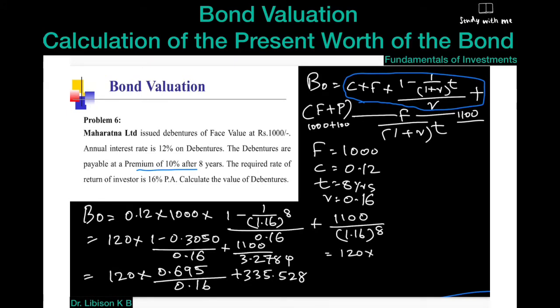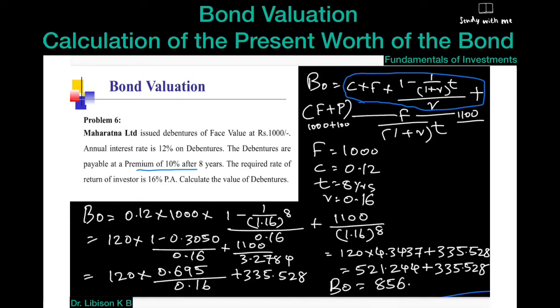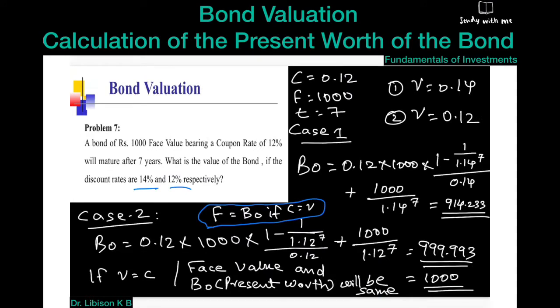So it becomes 120 multiplied by 4.3437 plus 335.528. So the final answer: 521.244 plus 335.528. So B0 is equal to 856.772. So one issue you have to note in this problem, the debenture is paid at premium. Okay, we move to the seventh problem.